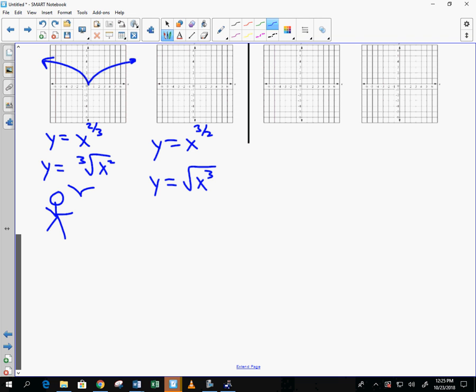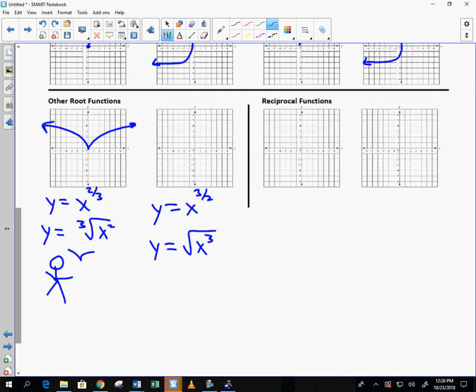So a positive produces a positive. Now try a negative. What's negative 1 cubed? What's the square root of negative 1? Ooh, so you can't plug in any negative values, can you? And so therefore, this graph will look like this. Doesn't have any negative values.